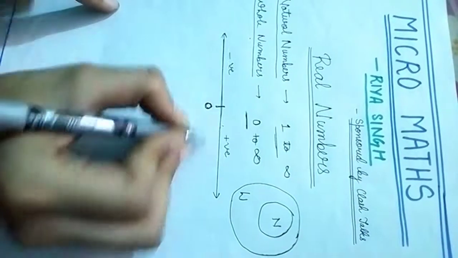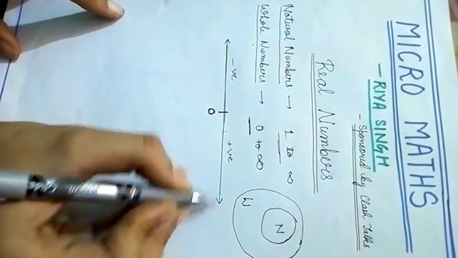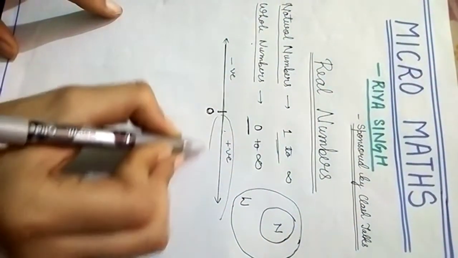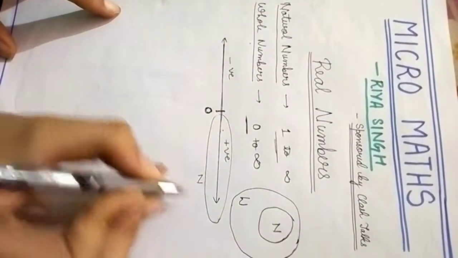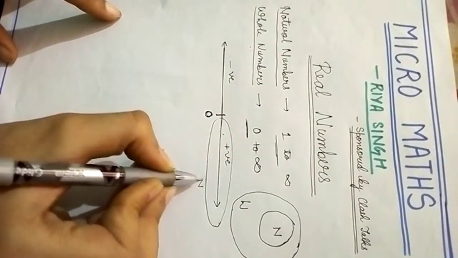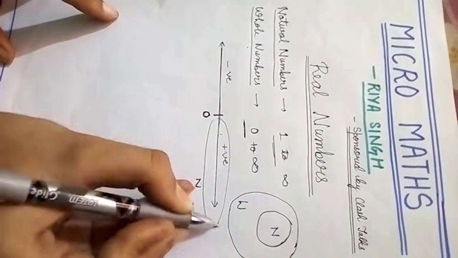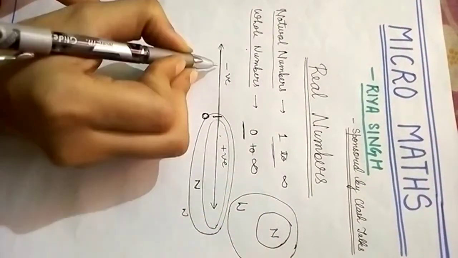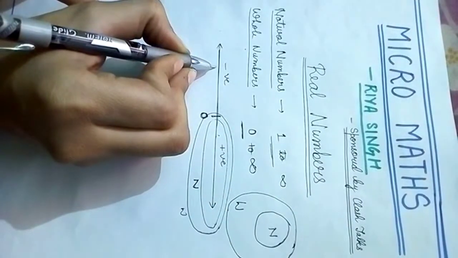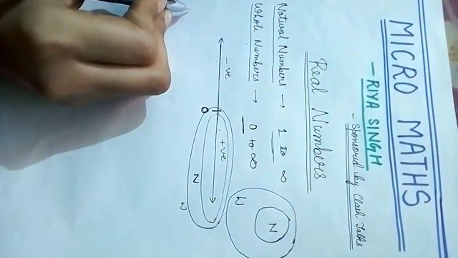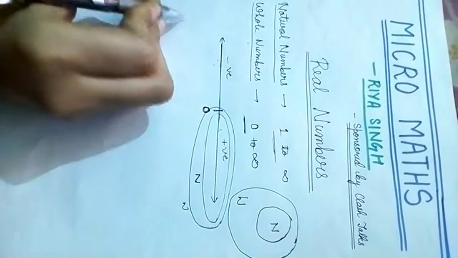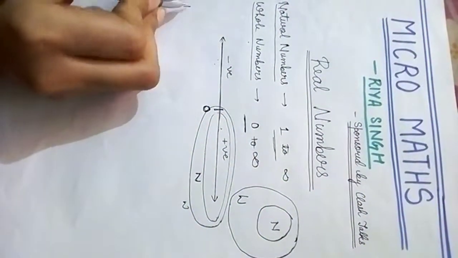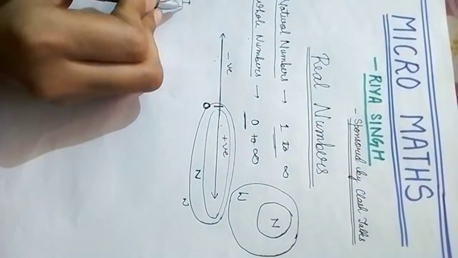Okay, so these positive numbers are known as natural numbers. And now natural numbers together with 0 are known as whole numbers. Then what about these negative numbers? So one more number comes into existence.